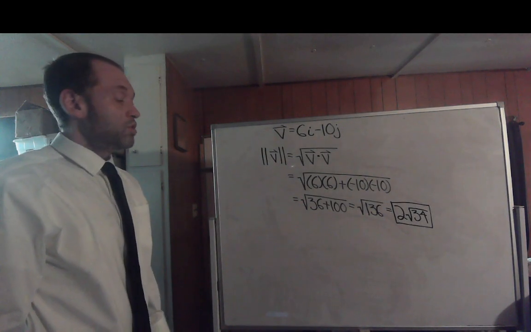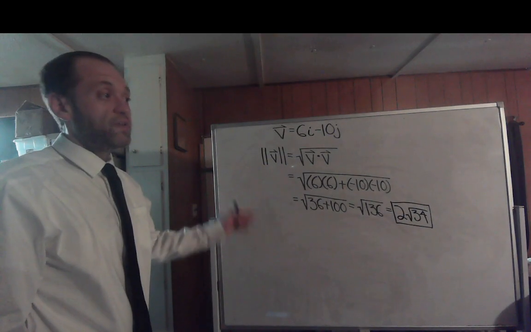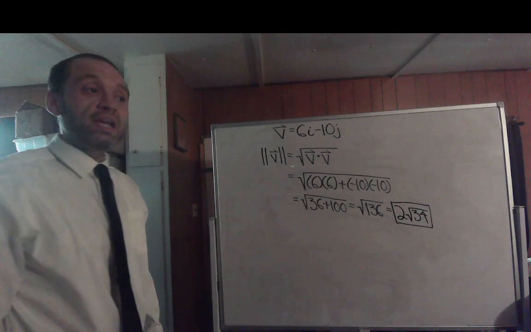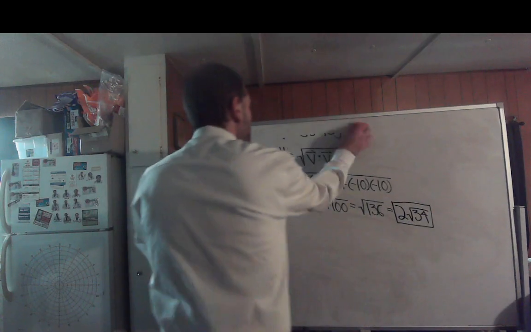Alright, so we've used the dot product to find the magnitudes of vectors. We can also use it to find the angle between two vectors.